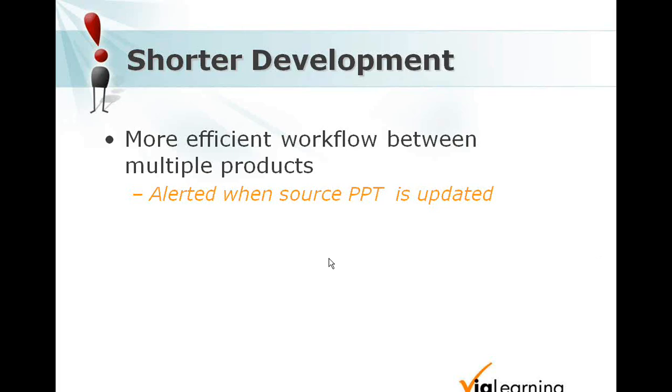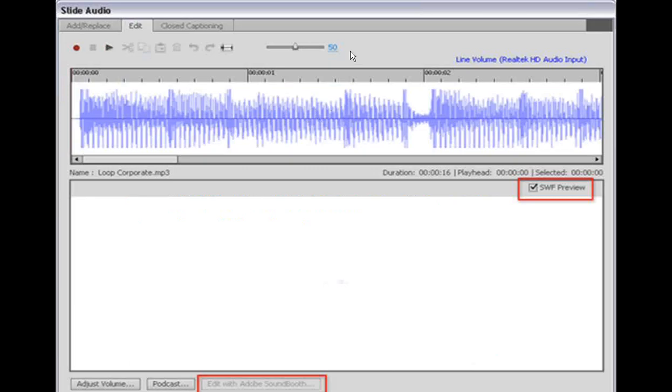Also, the audio editor is improved, and audio is not my forte, so Erhan, can you maybe tell us a little bit more about that? Yeah, well, if you have purchased the e-learning suite, you're going to have the functionality of edit with Adobe Sound Booth. So when you're in the timeline and you click on the sound object in Captivate, you'll get this dialog box, and you can go right to Adobe Sound Booth and edit it if you'd like.